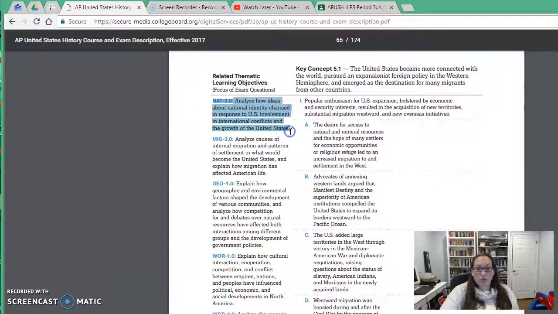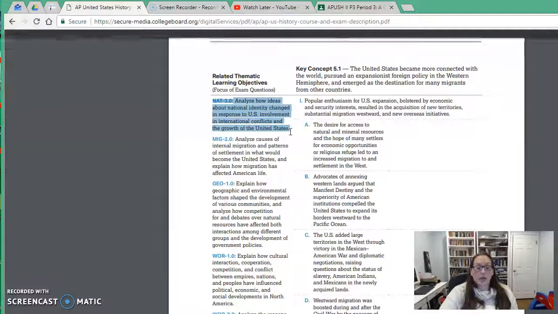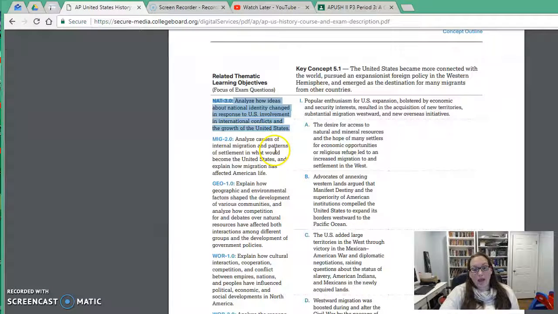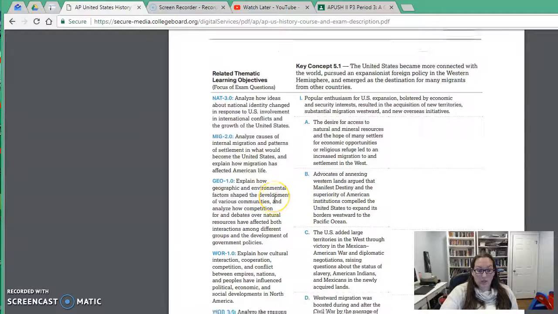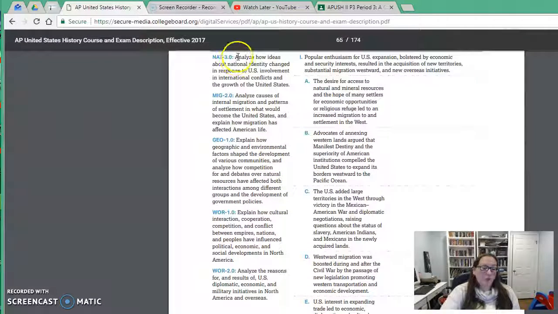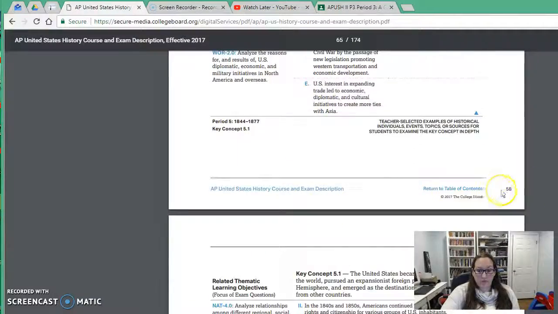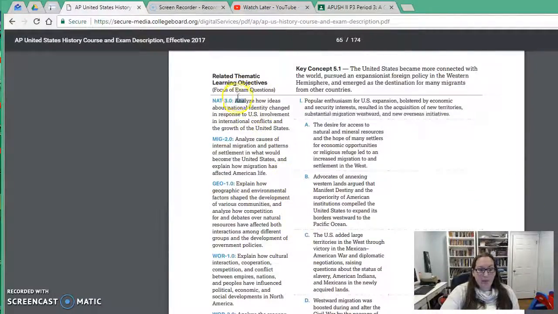So these are often change and continuity over time, cause and effect, to what extent did something change the relationship or change something, the basis for those types of questions. For example here, now this is back on the very first page, page 58. Analyze how ideas about national identity changed in response to U.S. involvement in international conflicts and the growth of the United States.